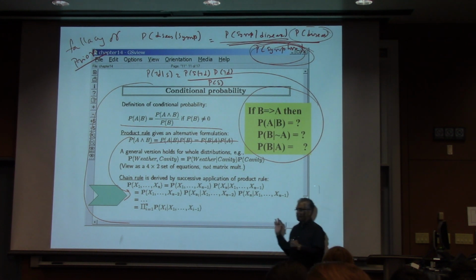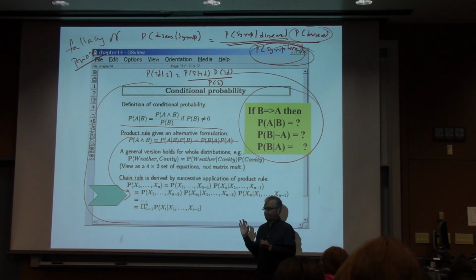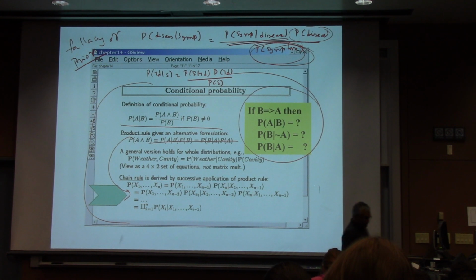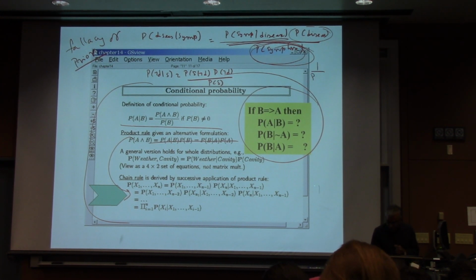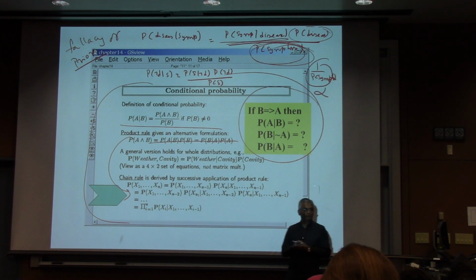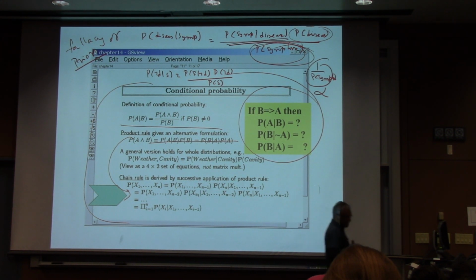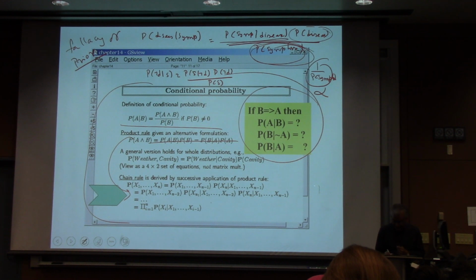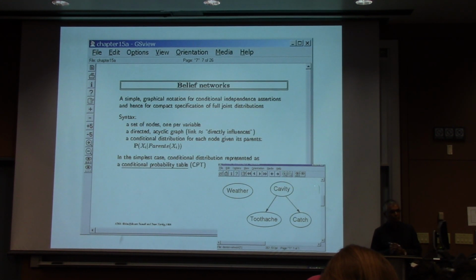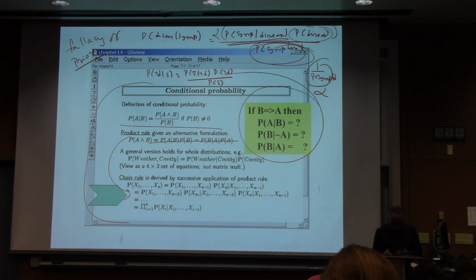Do people see this? Imagine I call 1 over probability of symptom alpha. Then essentially probability of disease given symptom is alpha times this numerator. Probability of not disease given symptom is the same alpha times this different numerator.